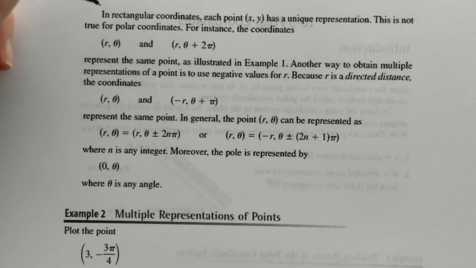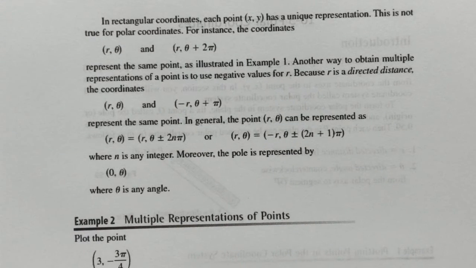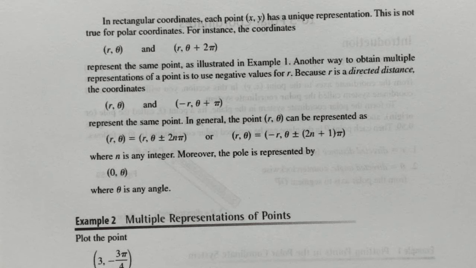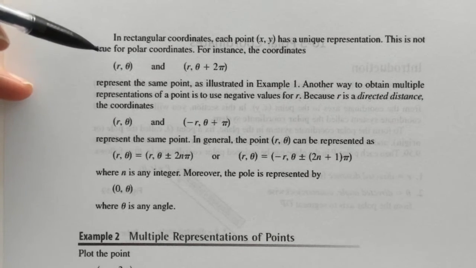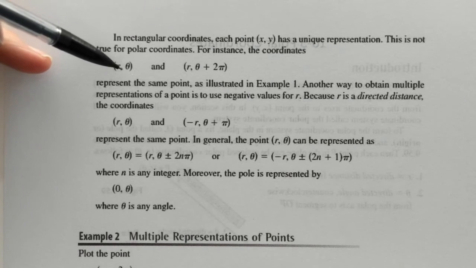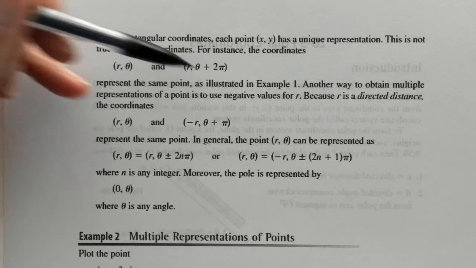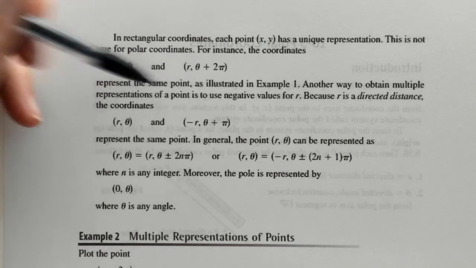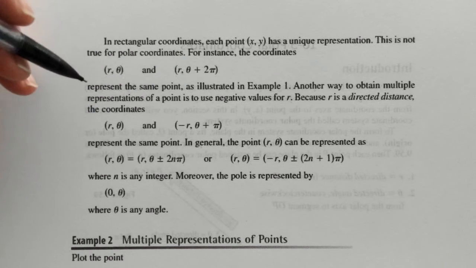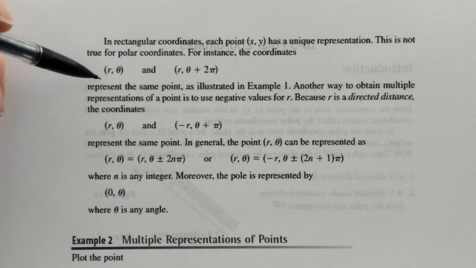In rectangular coordinates, each point (x, y) has a unique representation. That's not true in the polar coordinate system. For example, (r, theta) and (r, theta plus 2 pi) represent the same point. We saw that in the last example.